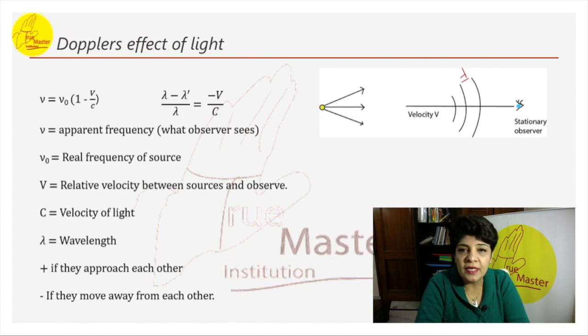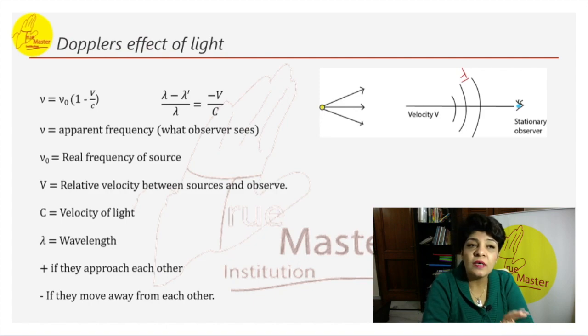Similarly, in terms of light, whenever there is a relative motion between the source of light and the observer, where the source is moving and the observer is also moving, or at least one is moving, the frequency of light received by the observer is different from the frequency actually emitted by the source.